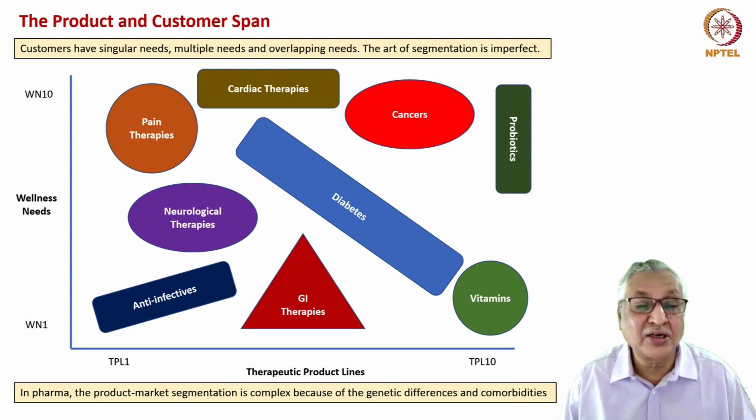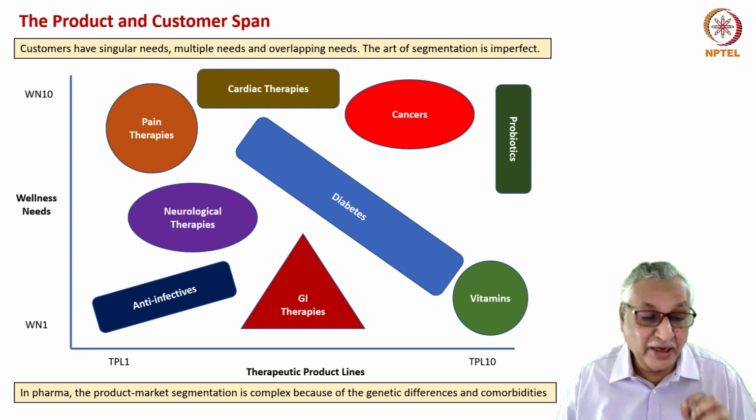The person is not immobilized, but the person is handicapped in terms of having the neurological deficit that needs to be corrected. Then again, you have gastrointestinal therapies, which are intensive therapies, but also extensive therapies. So you have a different kind of approach in terms of product-patient combination.